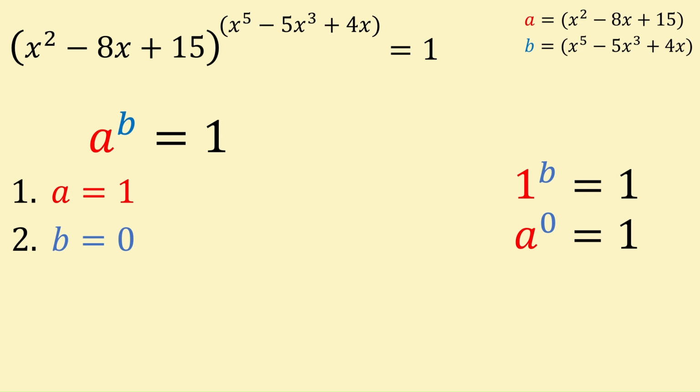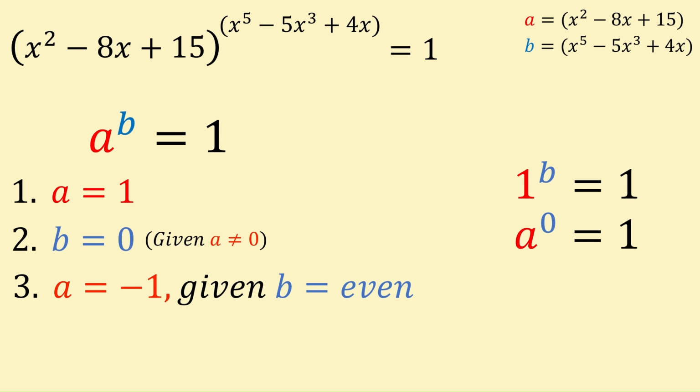While in some contexts 0 to the power of 0 is 1, it's typically left undefined, and so solutions won't occur when both a and b are simultaneously 0. Perhaps the slightly trickier case to see at first glance is when a is minus 1. As long as b is an even number, minus 1 to the power of b will always be 1 as well, so some solutions could occur here too.